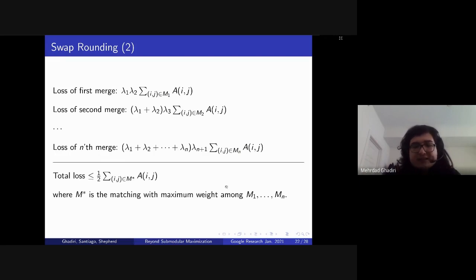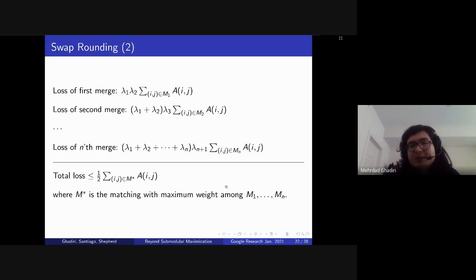Summing over all of these, the total loss is the sum of lambda i times lambda j times, let's say, the maximum among all of these matchings. So let's say M star was the matching that had maximum weight among M1 to Mn.